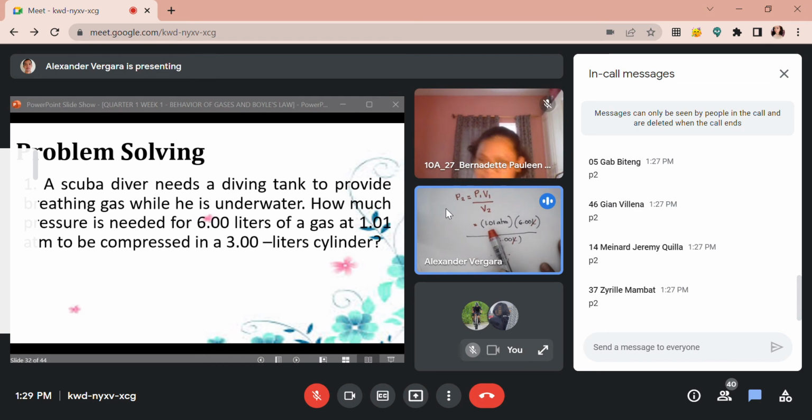1.0 atmosphere multiplied by 6.00 divided by 3.00, then your P2 is now, what is our P2? What's our P2?